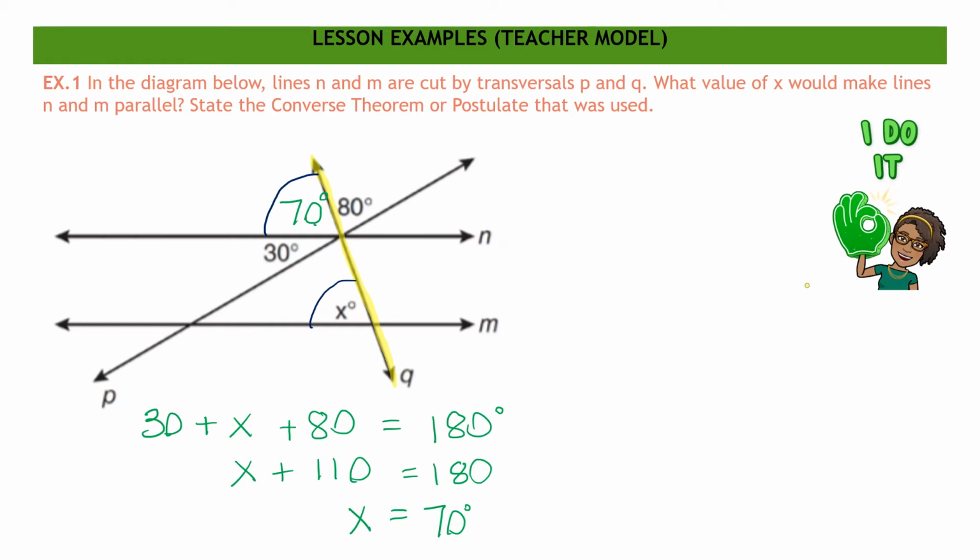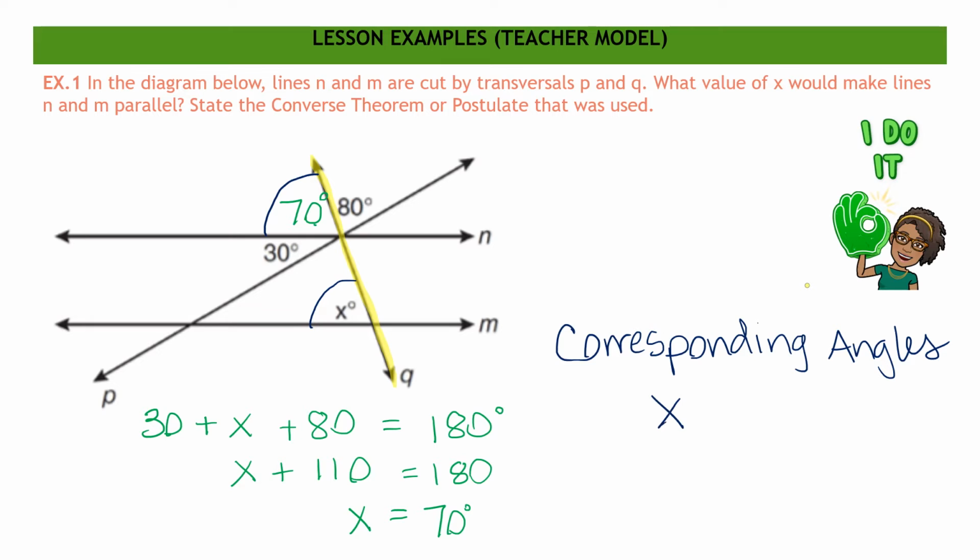And we know corresponding angles are congruent. So if they are corresponding angles and they're congruent, that means X would equal 70 degrees. And because we're proving that these two lines are in fact parallel, it would be the converse of corresponding angles.